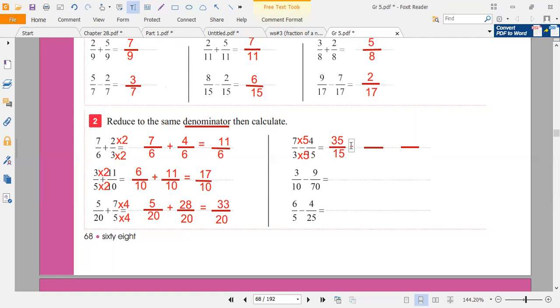Minus, the second fraction does not change, 4/15. Now they have the same denominator, so we keep the denominator and we subtract the numerators. 35 minus 4 is equal to 31.